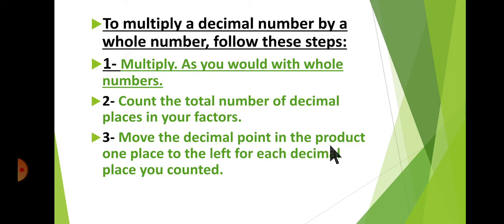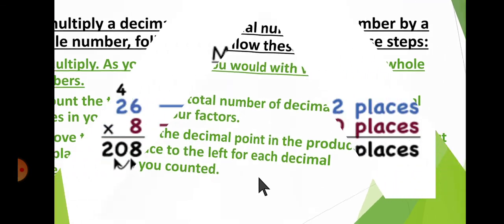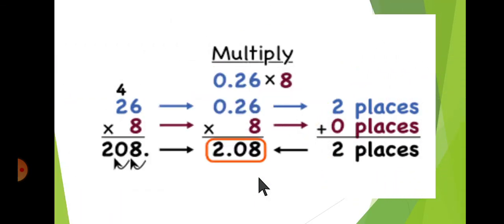First you do the simple multiplication, then you count the decimal places, then in the product, from the one's place to the left side, you count that total number of decimal places and insert the decimal.